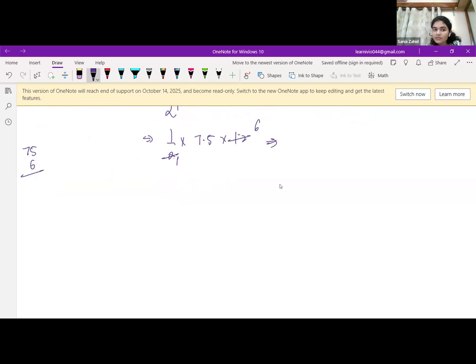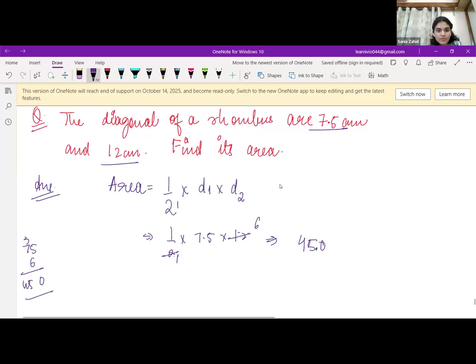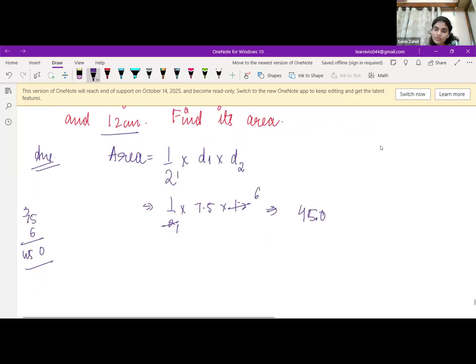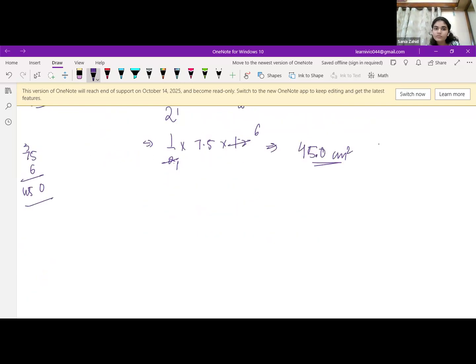So what are you getting? 450, and then there's one decimal place. So your answer comes out to be 45 centimeters square. Got it, children? Yes, ma'am.